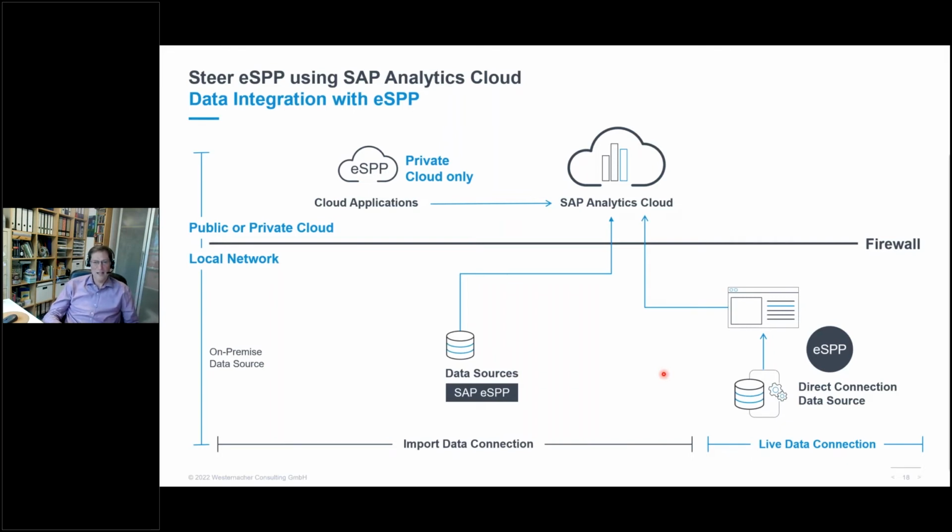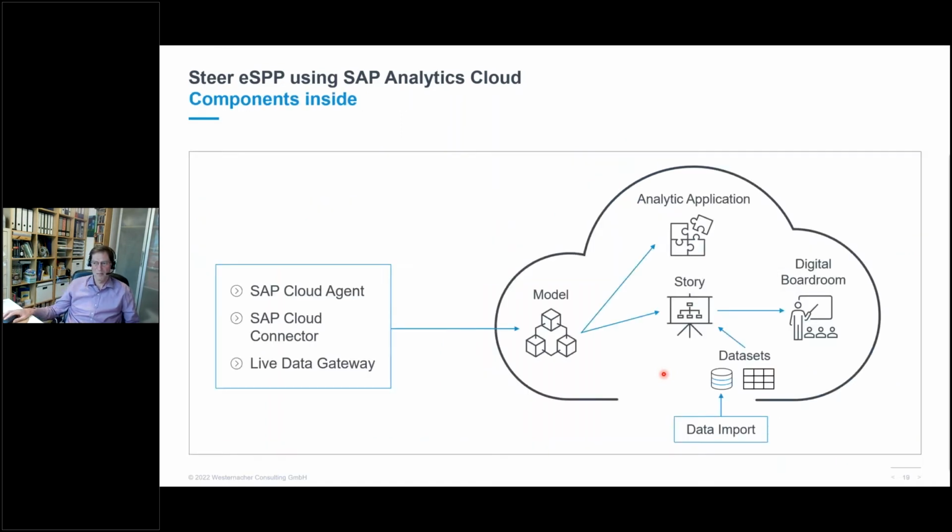In order to understand the demo a little bit better, I have a last slide before we jump into the system that explains a little bit more in detail what's inside the SAP Analytics Cloud. So we are talking about data sets and models.